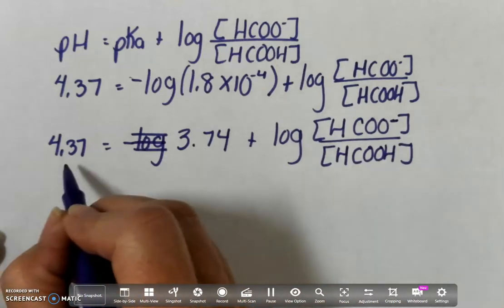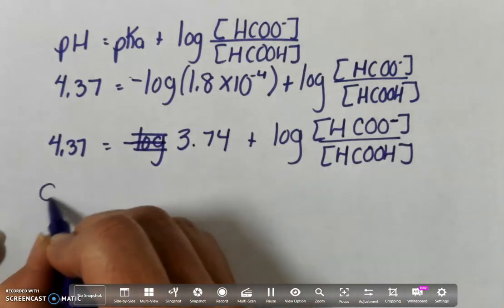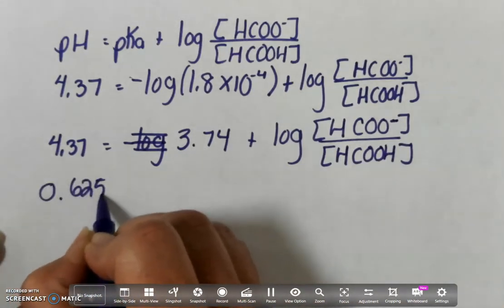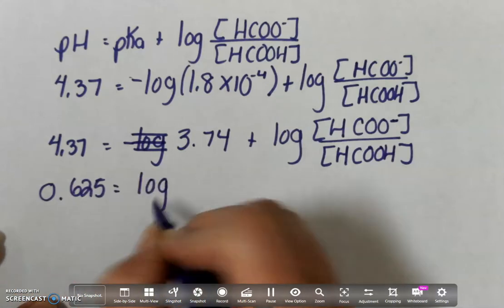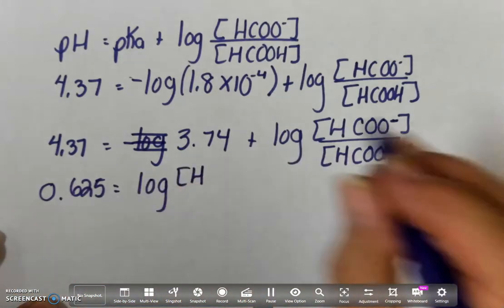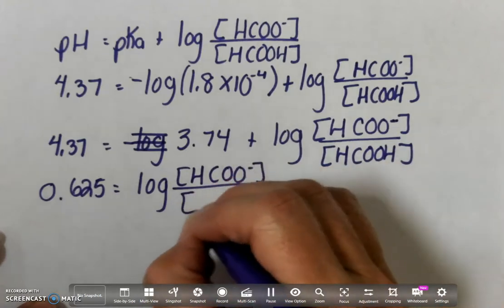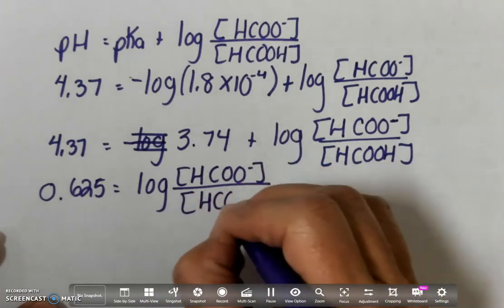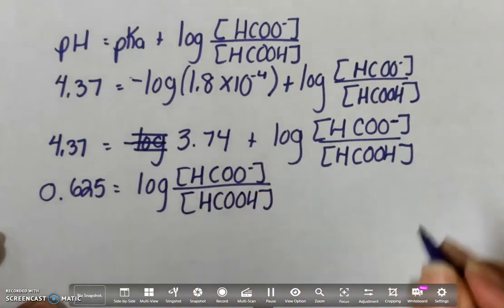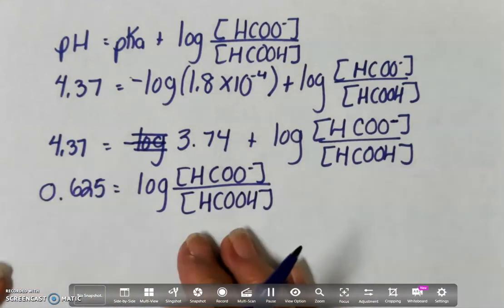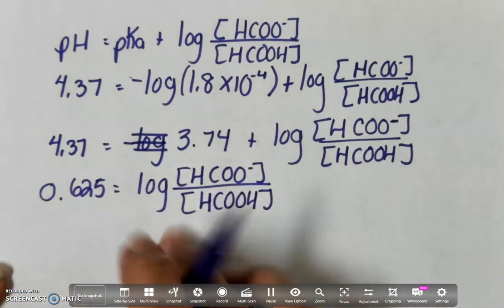I pull this over here and I get 0.625 is equal to the log of HCOO minus divided by HCOOH. Now, once I'm here, I've got to undo this log.